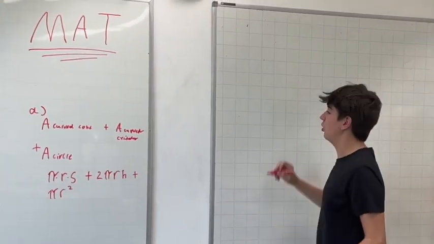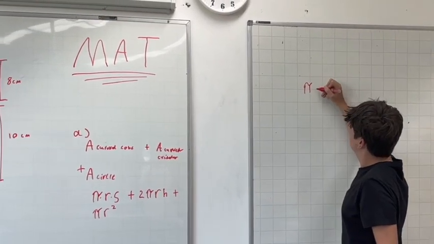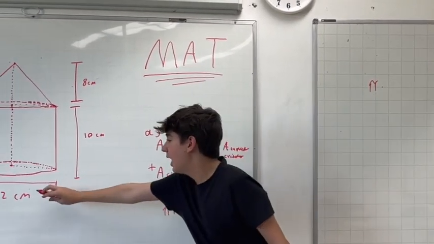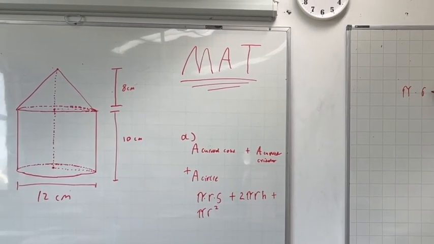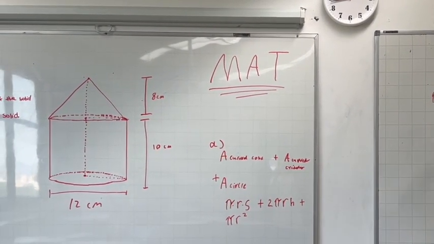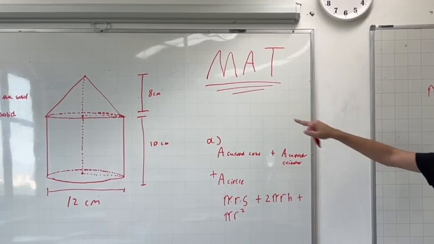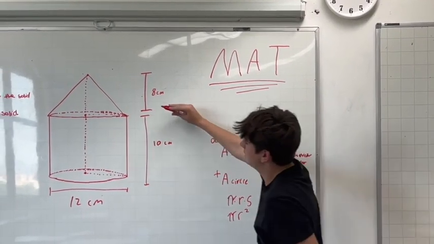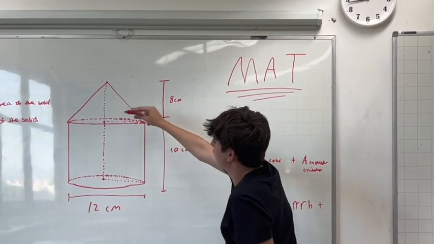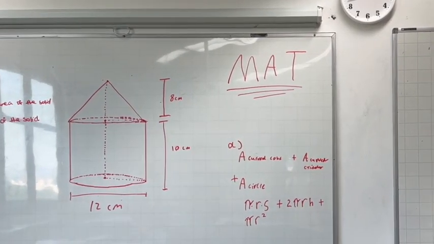Okay, so let's put the numbers in. Pi times the radius, and 12 is the diameter, so the radius is 12 divided by 2, which is 6, times the slant height. 8 is not the slant height, it's just the normal height, so we have to use the Pythagorean theorem to find it.